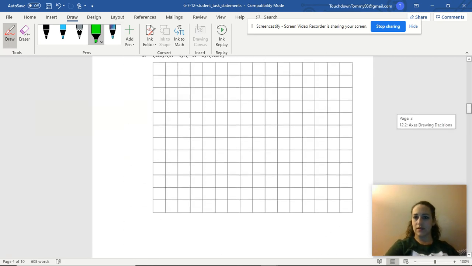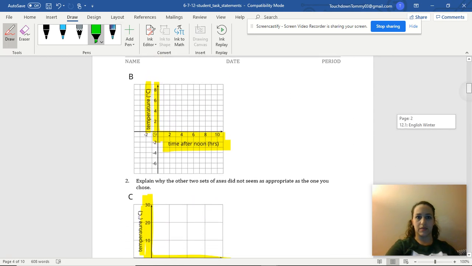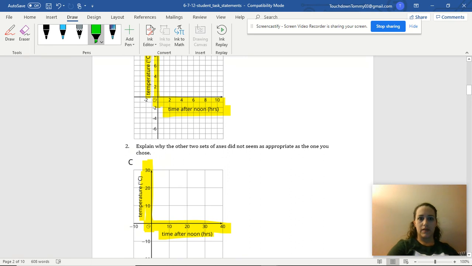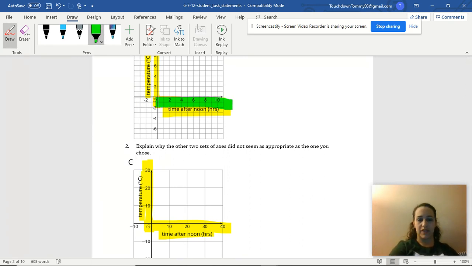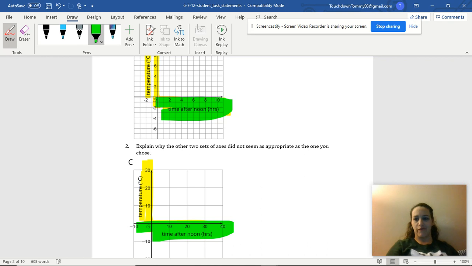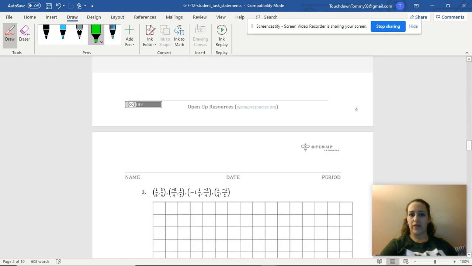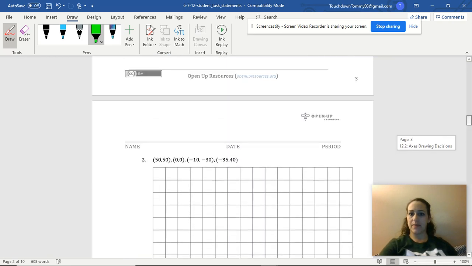This one also goes, sorry guys, this does not like me. That goes at least 0 to 8 in the time there. So that one still looks good. And well, that one goes from 0 to 40. That seems a bit extensive when our highest number was 8. So C doesn't look great based on that bottom part, but we'll double check with the other axes and just kind of verify.